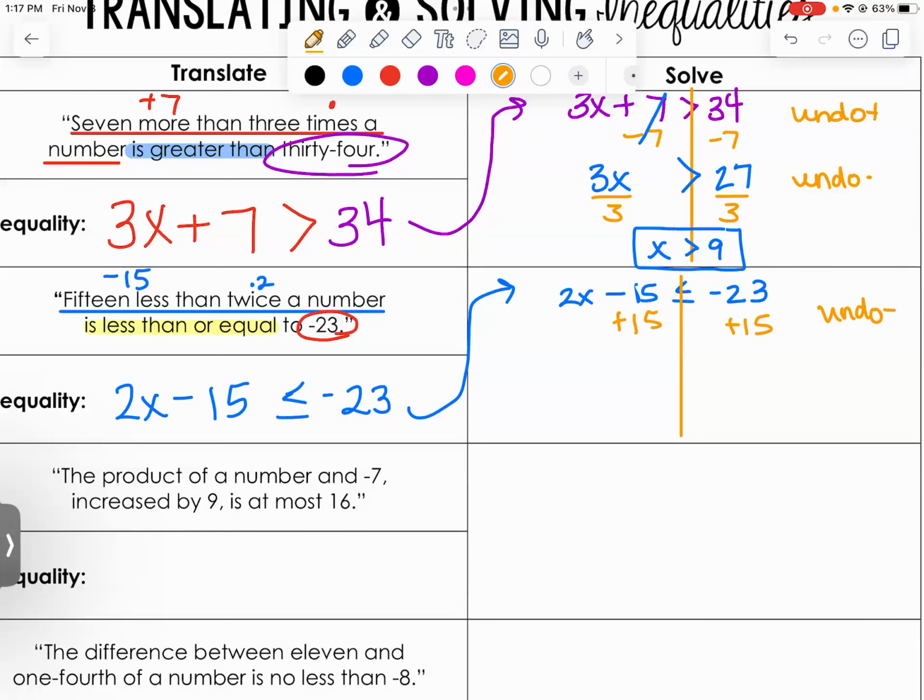So we have 2x is less than or equal to what? What's negative 23 plus 15? Negative 8. Thank you, Marco. Good job, Marco.